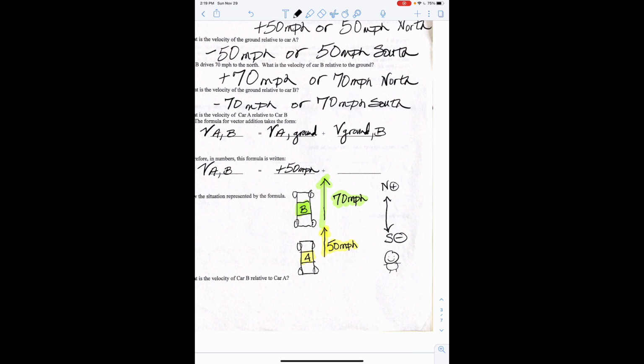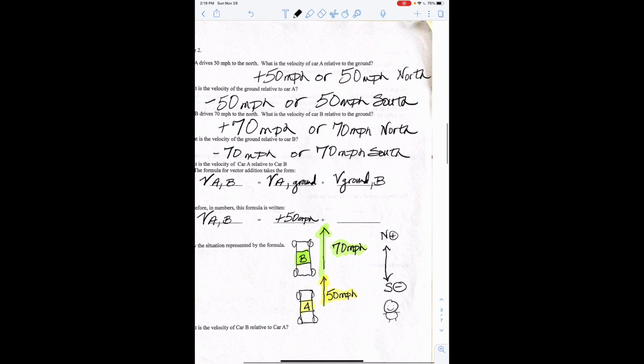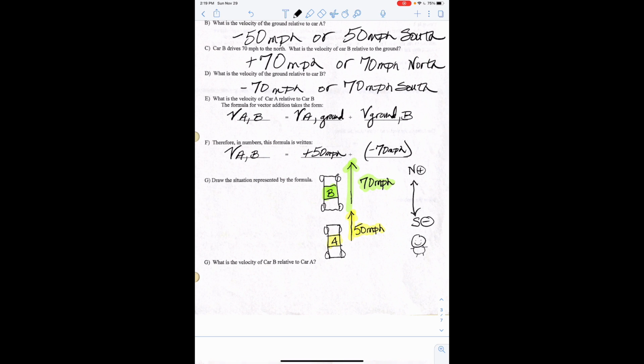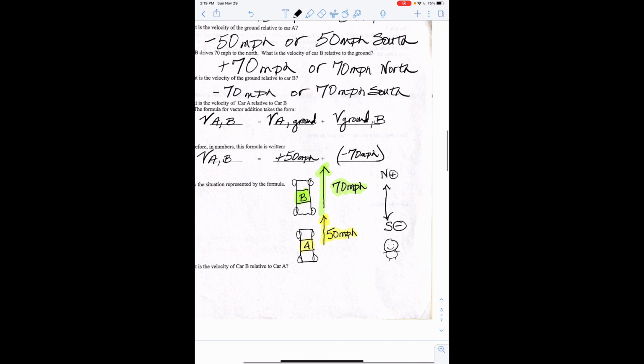And we are going to add that to the velocity of the ground moving relative to B. Well, we said that B was moving positive 70 relative to the ground, but the ground relative to B was negative 70. So we can do the math there. Positive 50 plus negative 70 is going to equal negative 20.